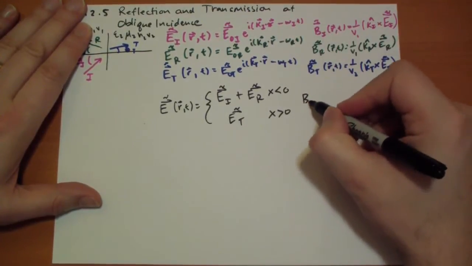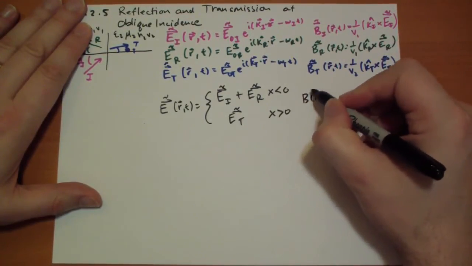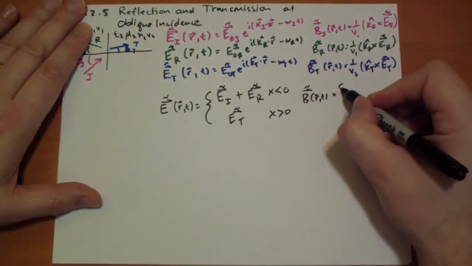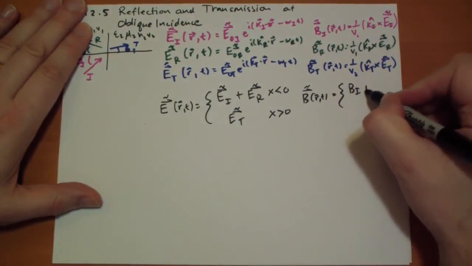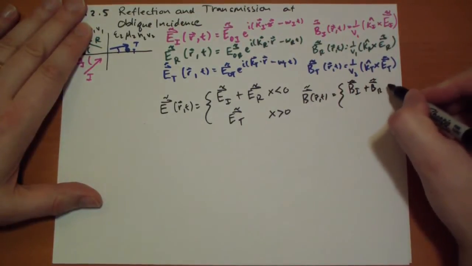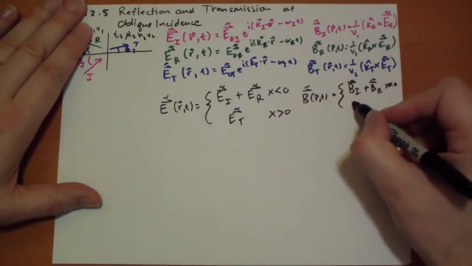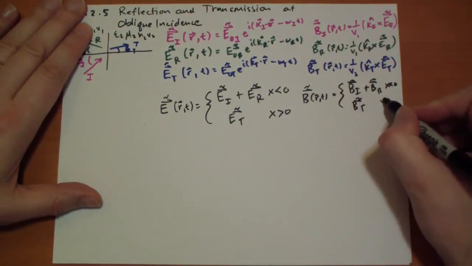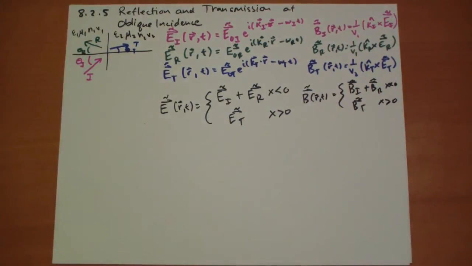The B field is the same thing: B I plus B R for x less than 0, and then it's B T for x greater than 0. That's all the electric and magnetic fields.